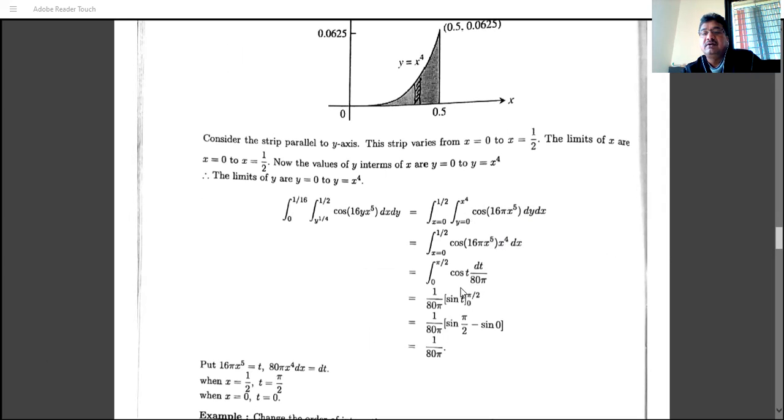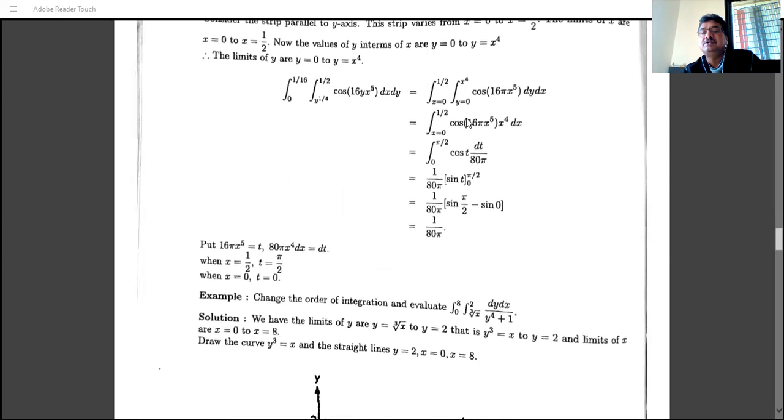Now we have to integrate this with respect to x. Substitute 16πx^5 as t. Its derivative is 80πx^4 dx = dt, so x^4 dx is 1/(80π) dt, and the integrand becomes cos t.